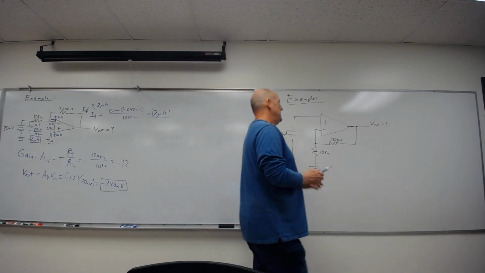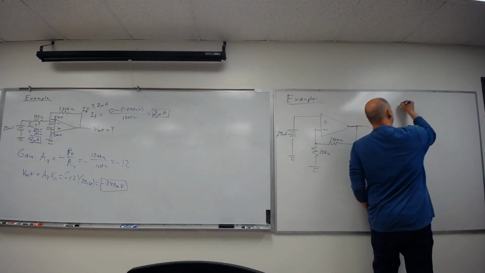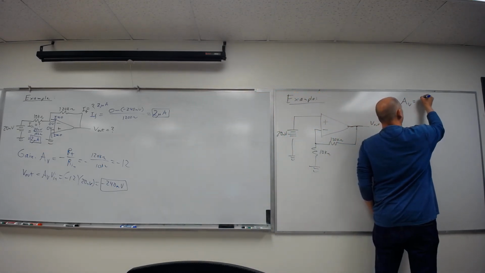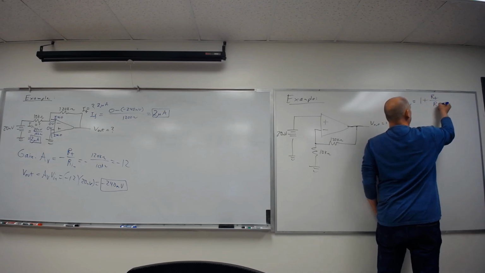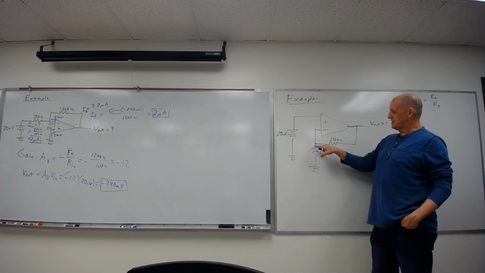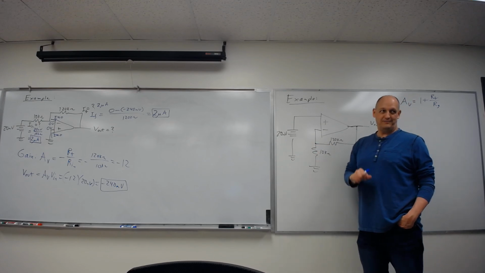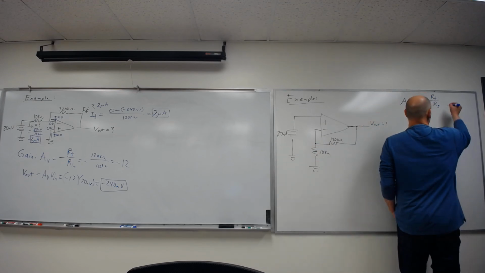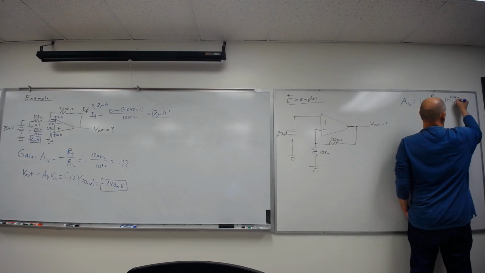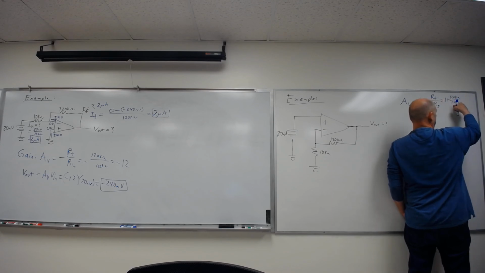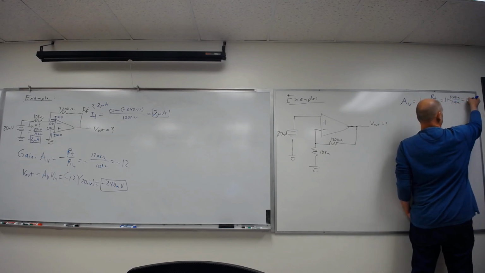Okay, so what's my gain for this? You already mentioned it. Same thing plus one. Well, it's the feedback over the ground loop technically, because this is going from the inverting input down to ground. So you are going to end up with 1 plus 120 kiloohms over 10 kiloohms. 120 over 10 is 12, plus 1 is 13.